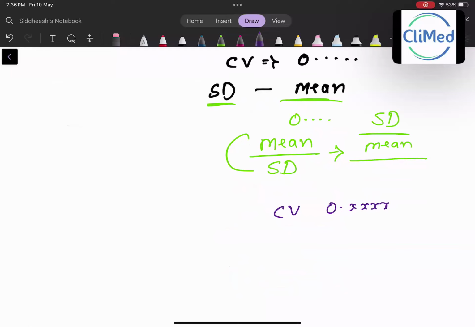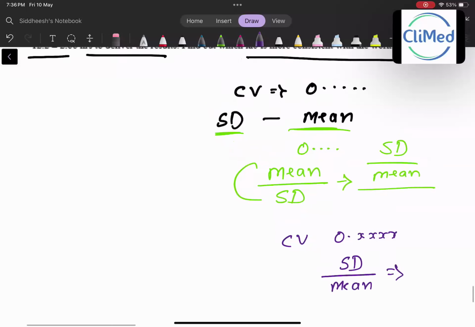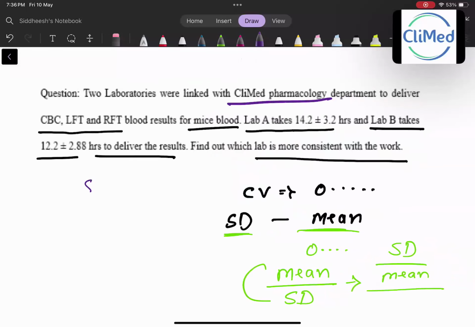To obtain the value in points, the upper value will always be lower, correct? So SD is always small compared to mean, right? So if you put these values in this formula, your SD upon mean, you will get the answer automatically. So tell me, which lab is much better?